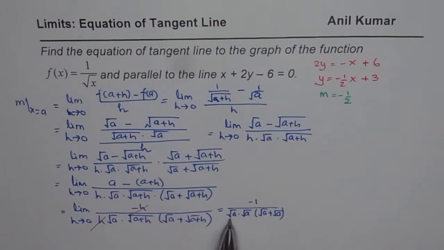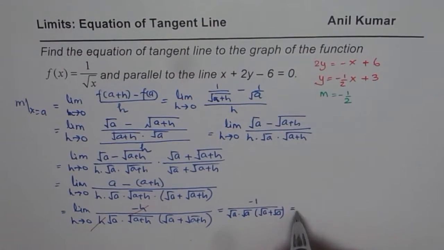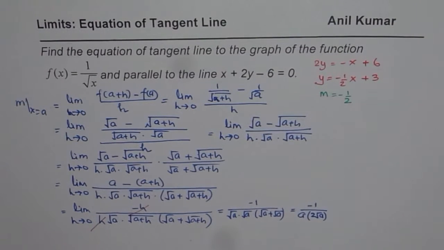Square root a times square root a is a, and this is 2 times square root a. So let me write this as minus 1 over a times 2 square root a. Perfect. So this is the slope at any point.